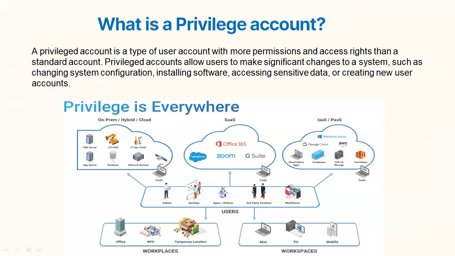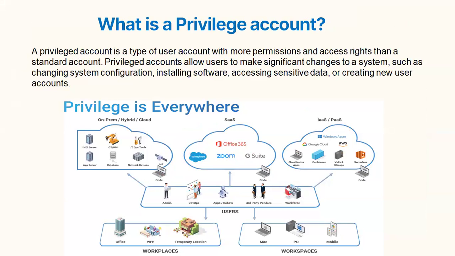So privileges are, in layman's language, the keys to the kingdom. They are the crown jewels of any organization. If you have the best antivirus, the best EDR, the best firewall, but your admin password is password123, then boom, everything is compromised.